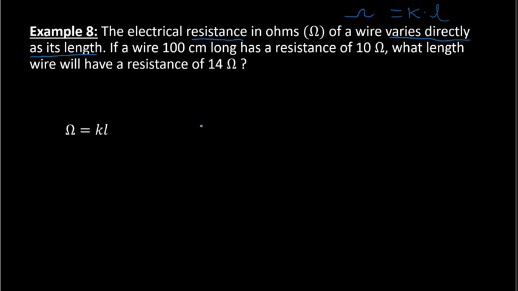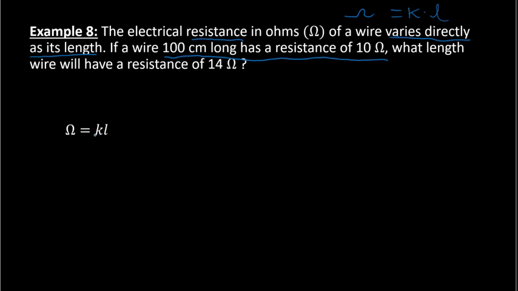So this is my equation, and from here I can plug in information from scenario 1, where it says a wire 100 centimeters long has a resistance of 10 ohms. So 100 is going to be the length, so 100 is L, and my ohms is 10. So plug a 10 in for the ohm symbol.